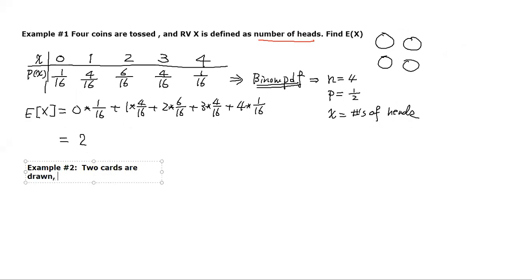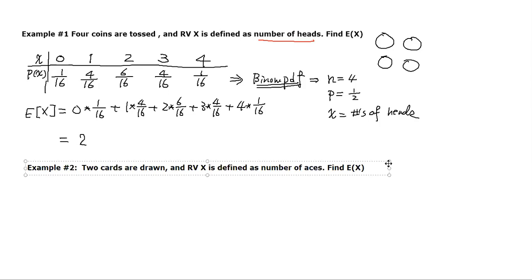The random variable x is defined as the number of aces. Find the expected value of x, right?